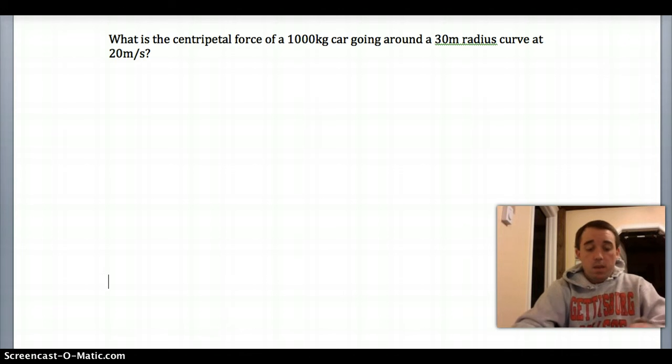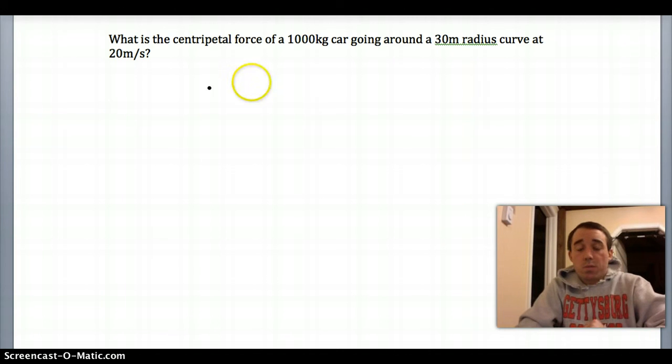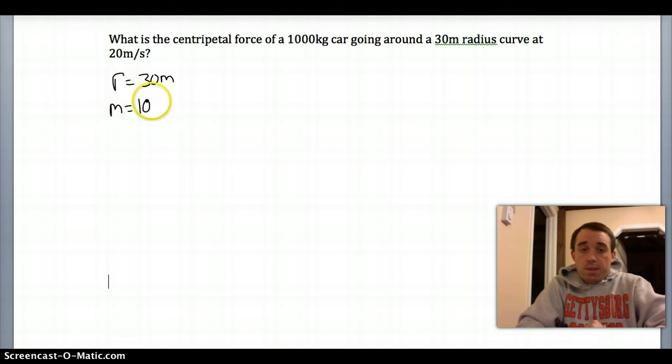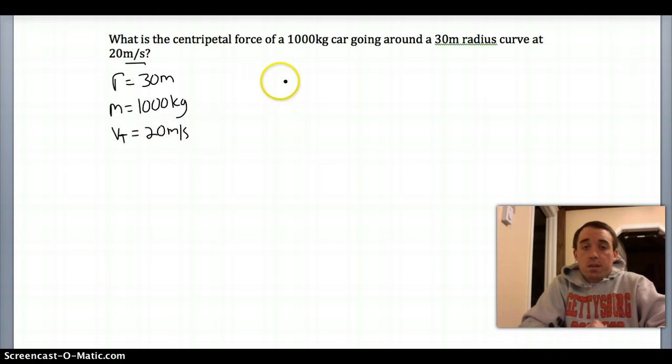Alright, so we have the centripetal force of a 1,000 kilogram car going around a 30-meter radius at 20 meters per second. Just looking at our units, we have a radius of 30 meters, a mass of 1,000 kilograms, and meters per second tells you that is a v, and since we're dealing with circular motion, it has to be v sub t, 20 meters per second.